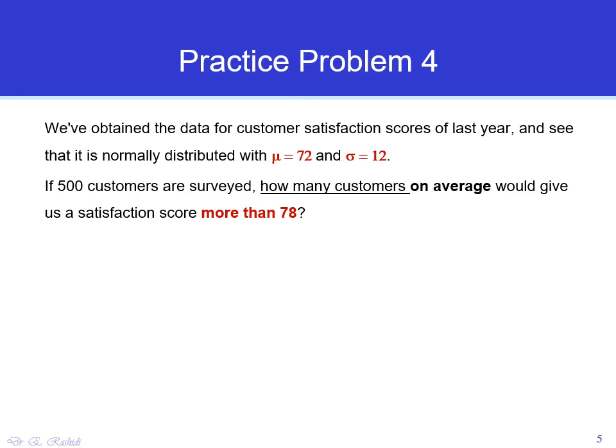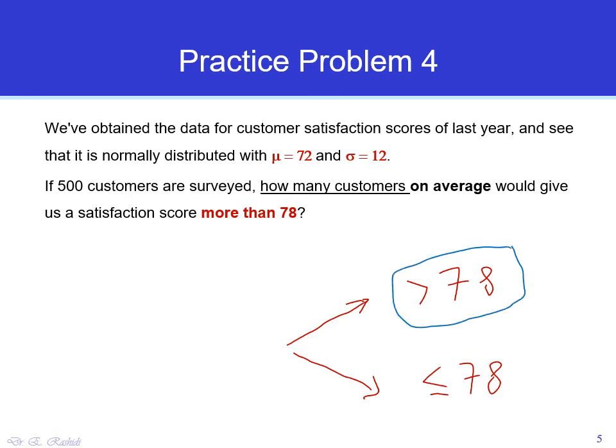So for any customer, there are only two possibilities. Whether the customer would give us a satisfaction score greater than 78 or a satisfaction score less than or equal to 78. There are only these two possibilities, but we are interested in the first one.